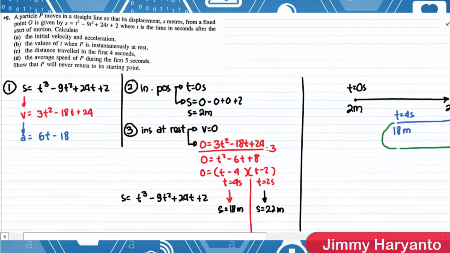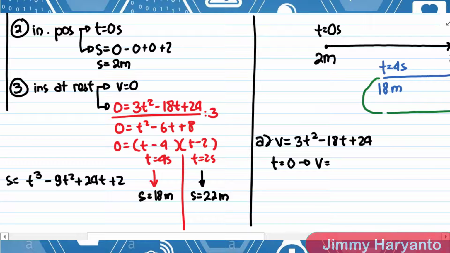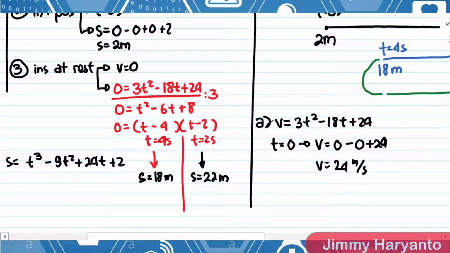Next is to find the initial velocity and acceleration. For initial velocity we use the velocity equation, 3t² minus 18t plus 24. Initial means time equals 0 seconds, so the velocity will be 24 meters per second. Next is the initial acceleration.